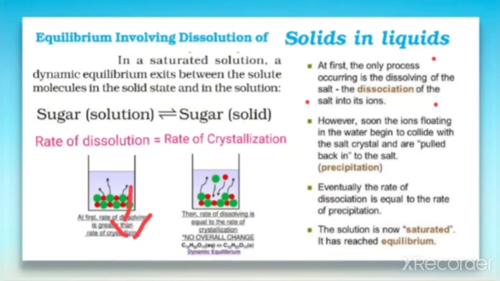The opposite process begins, and eventually the rate of dissociation is equal to the rate of precipitation. That means the rate of dissolution is equal to the rate of crystallization. Now the solution is called saturated, because at this point the equilibrium is attained. So here is the equilibrium between the solid and liquid during the dissolution process.